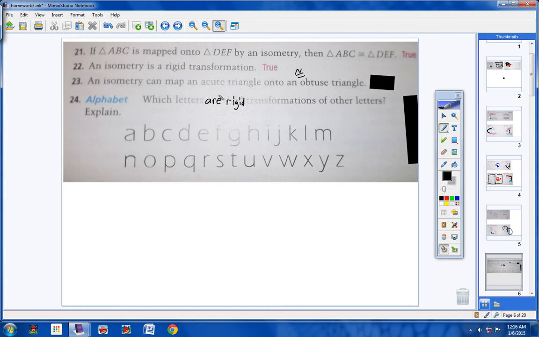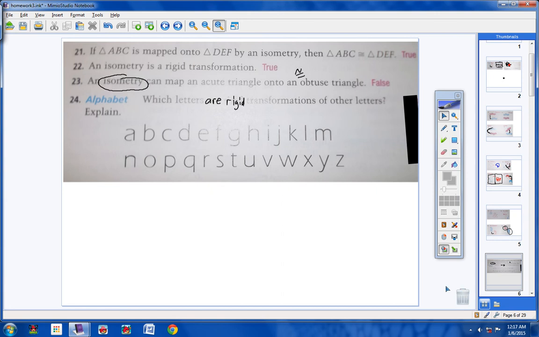An acute triangle can never be congruent to an obtuse triangle. So how could you use an isometry? The only time you can use an isometry is when your pre-image and your image are congruent. They're the exact same shape and size. So false. No, you cannot use an isometry to map an acute triangle onto an obtuse triangle.